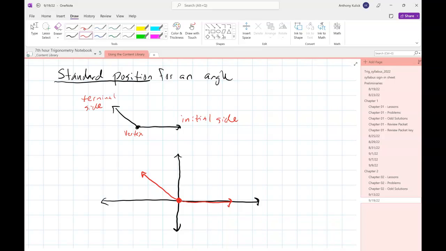And you're like, big whoop, Mr. Kulik, I don't see how this is going to get you any angles bigger than 180 degrees. Well, hold on for a moment. The way we measure this angle now, we're going to define as a counterclockwise rotation from the initial side to the terminal side. So like this then would be my angle measure.